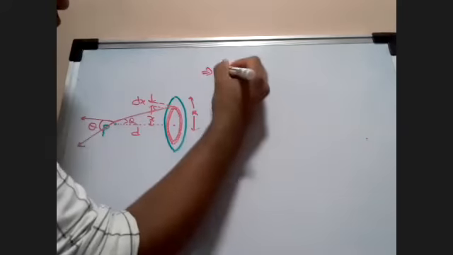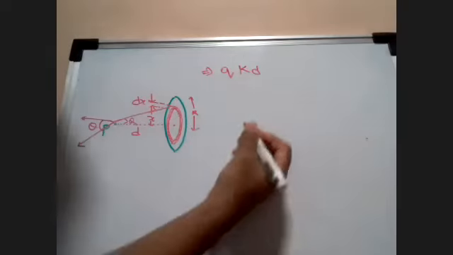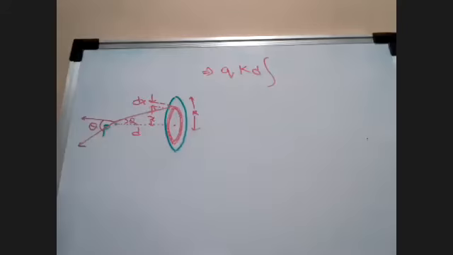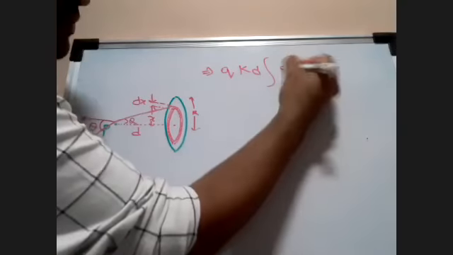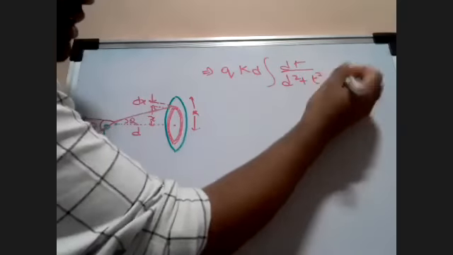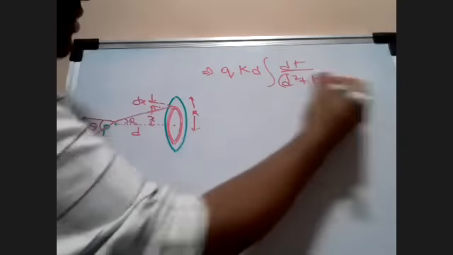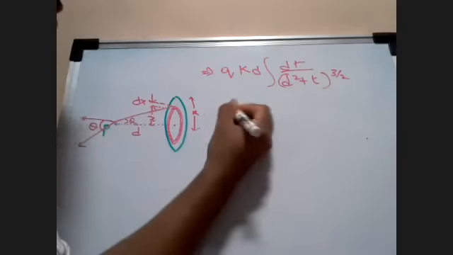So what remains is q k d into integration of dt upon d square plus t whole raised to 3 by 2. So do the integration now.